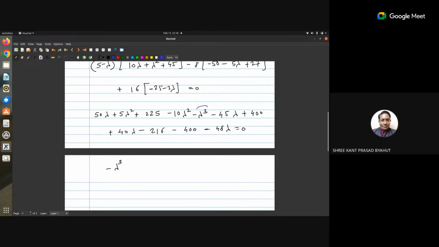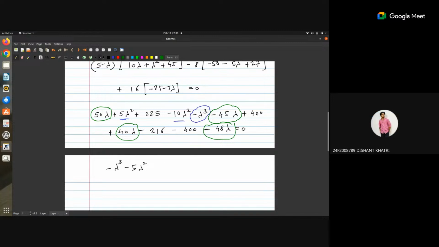Yes, you are correct. So minus lambda cube, 5 lambda square minus 10 lambda square, two lambda square terms, so that is minus 5 lambda square. Then the lambda terms: 50 lambda minus 45 lambda plus 40 lambda minus 48 lambda gives minus 3 lambda.